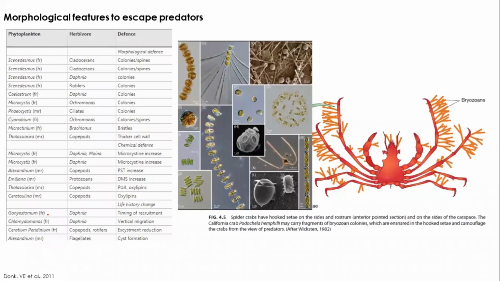Now, there are several organisms which have also developed structural adaptations in order to escape predators. In this image, you can see a number of diatoms or microalgae which are showing a kind of structural adaptation.